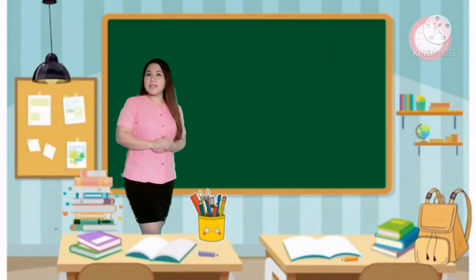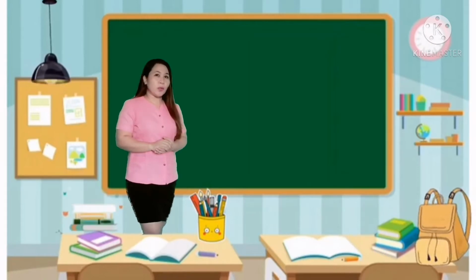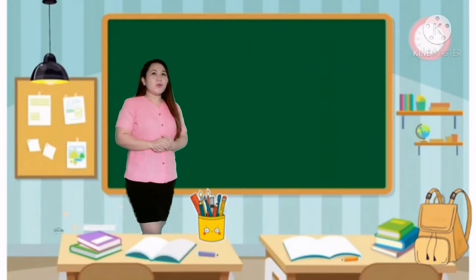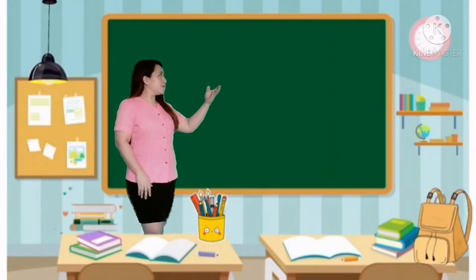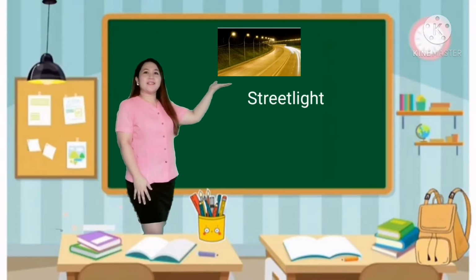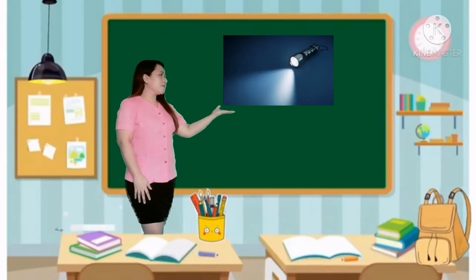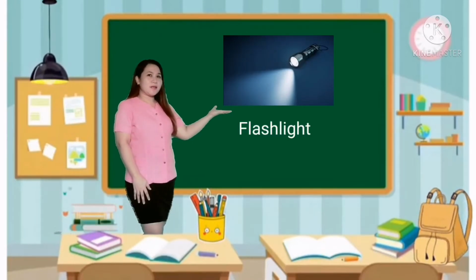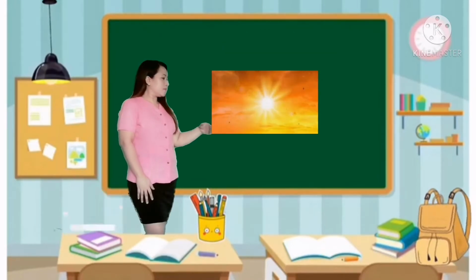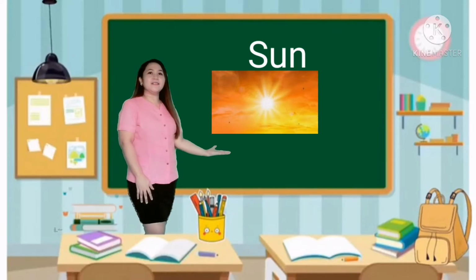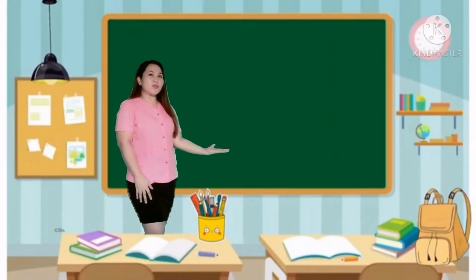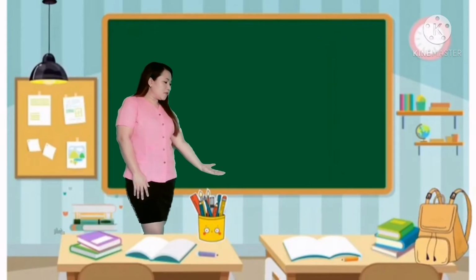So now, let us name the pictures that I've shown. First, we have a street light. Second one, flashlight. The third one, sun. And the last picture, we have lampshade.